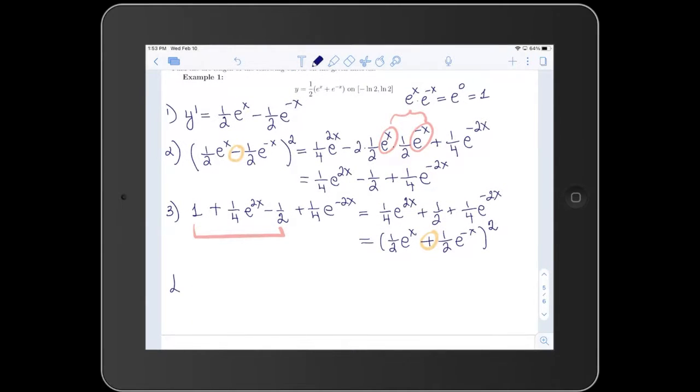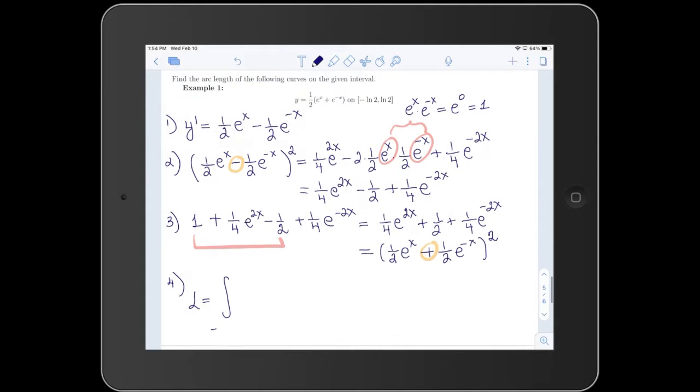Now we can do the last step. So let me put step number 4. Our L is the integral from negative natural log of 2 to positive natural log of 2, square root of this expression squared, dx.